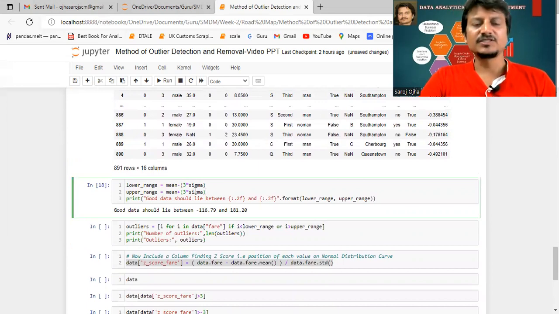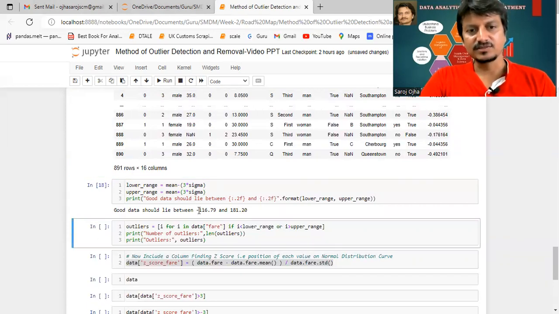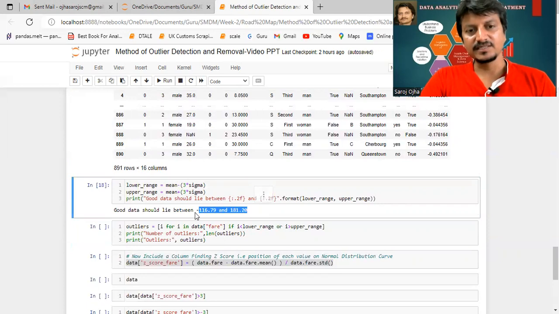Beyond this is treated as outliers. So we decided the lower range is mean minus 3 standard deviations, and the upper range is mean plus 3 standard deviations. Now we have values somewhere around minus 116 and 180.